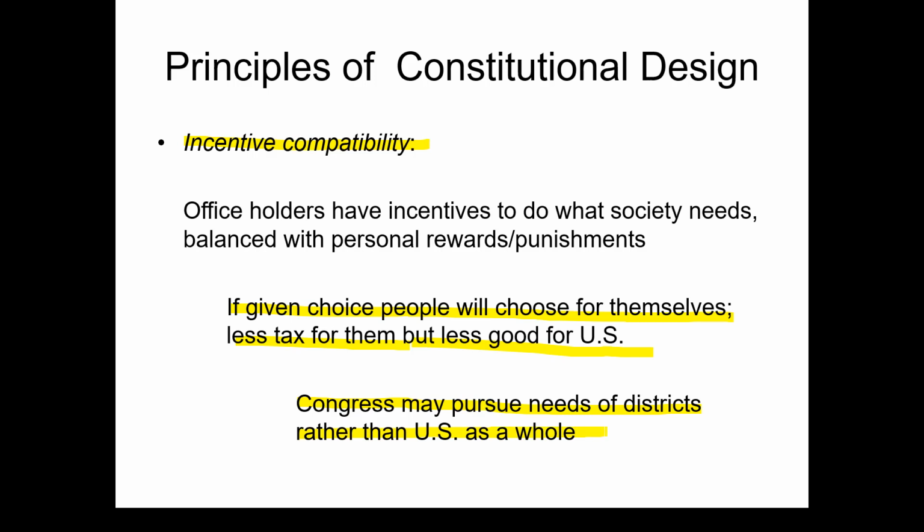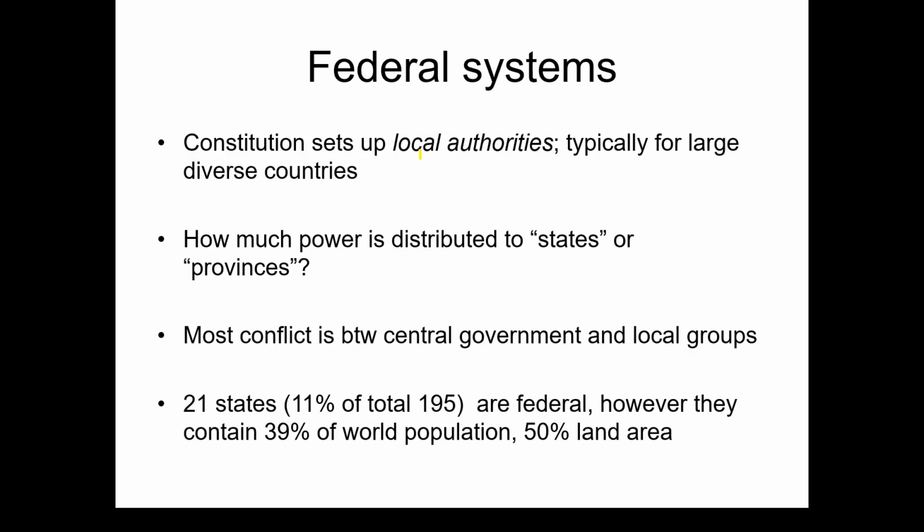Now, that still has to be bargained for and hashed out in deliberations in Congress. So some compromise still may have to be met, even though a congressman may be fairly district-centric, right? And rather than looking at the good of the entire country. So that's a paradox that we continuously have to deal with. The general idea is for politicians to come there and make the country a better place, but there are conflicting interests there, their own self-interest and the needs of their districts.